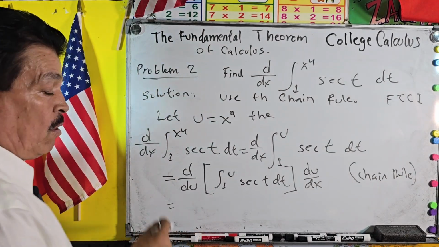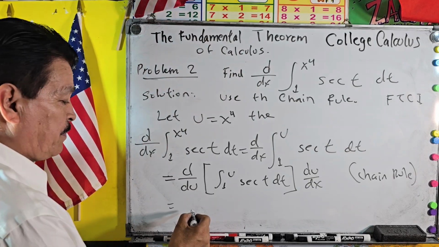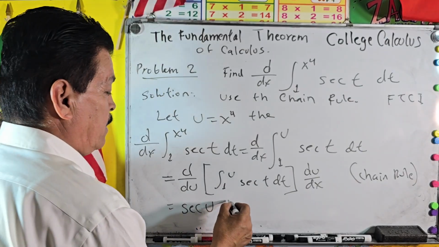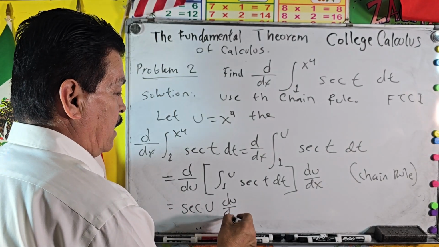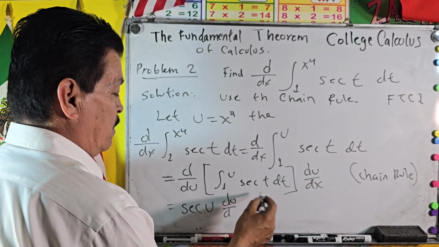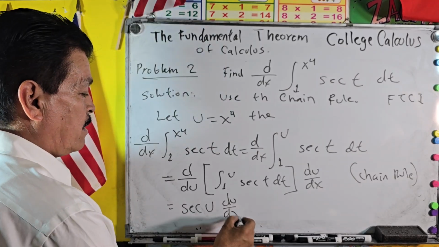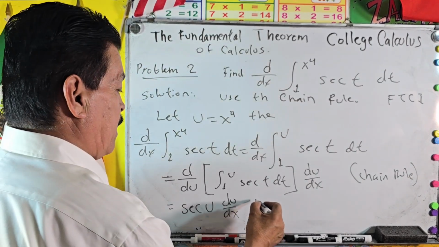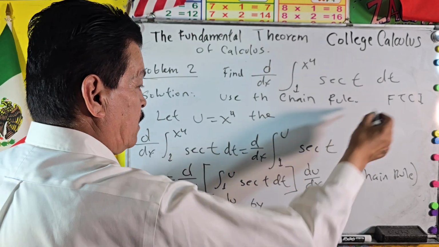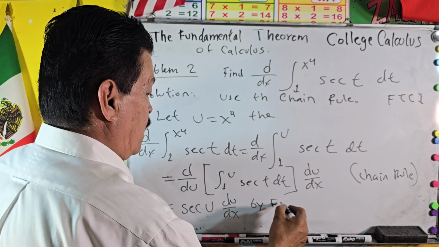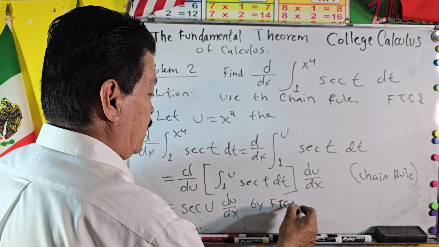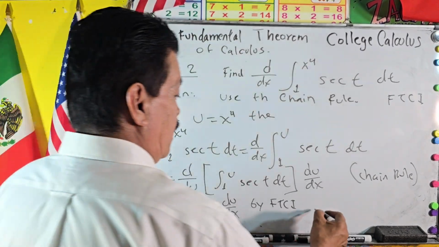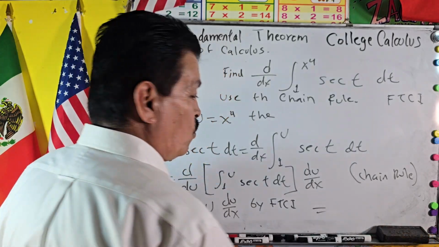So this is equals, almost finished, sec u times du divided by dx. Okay, this is by this rule, by FTC I.